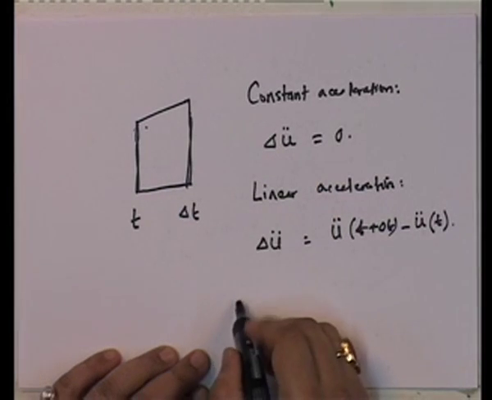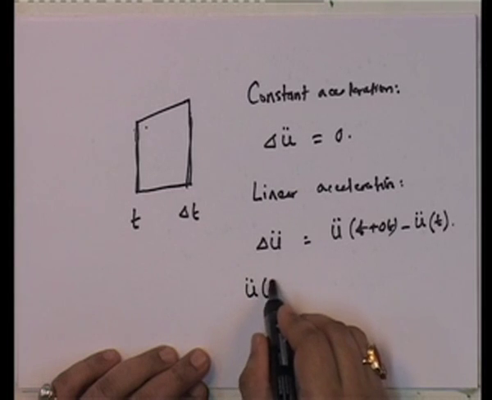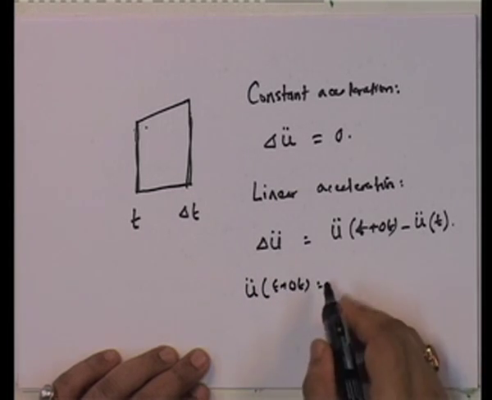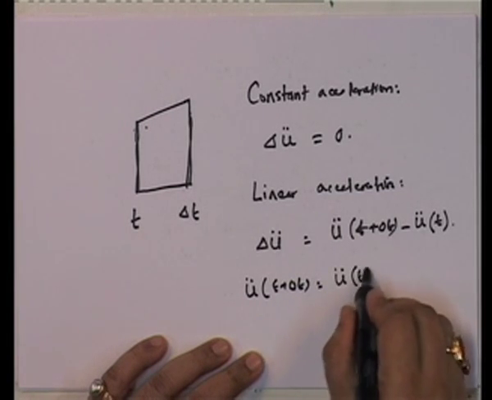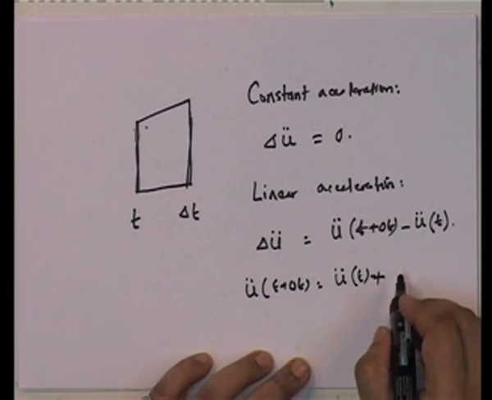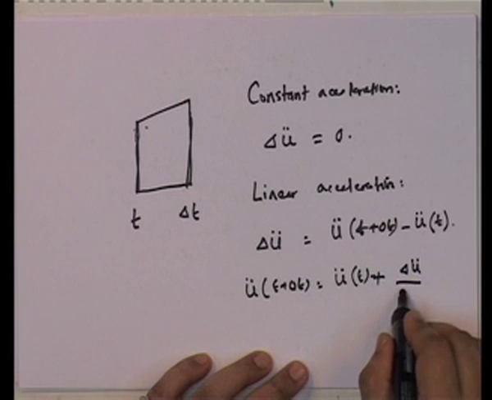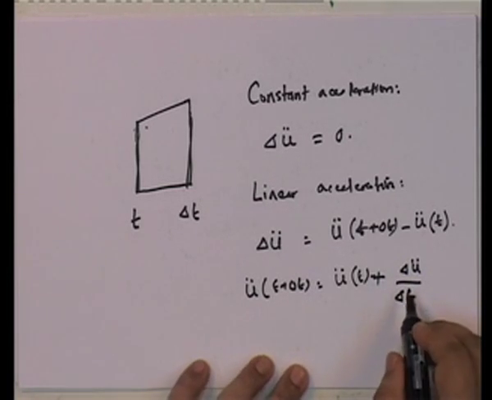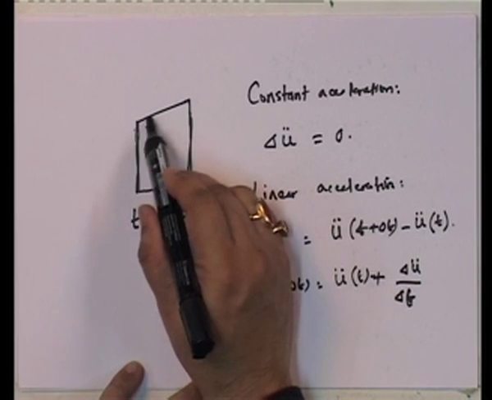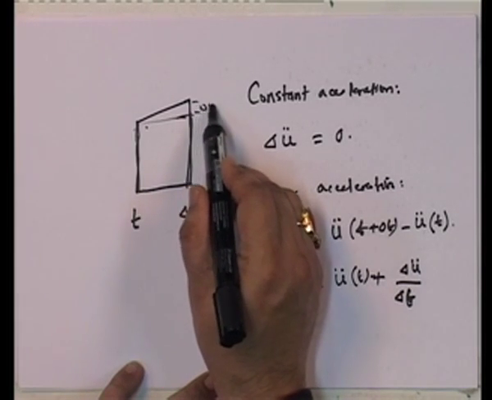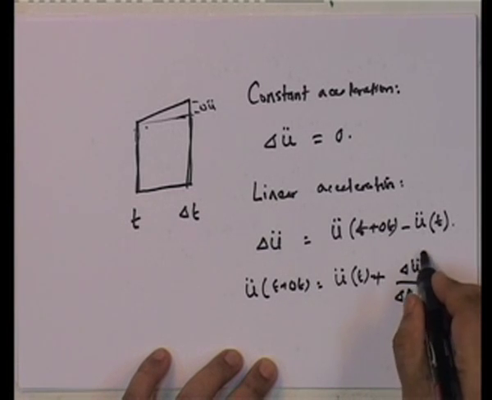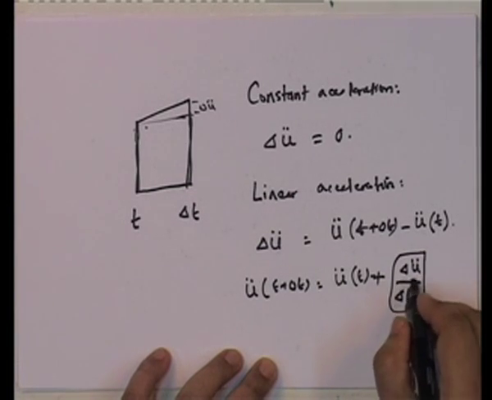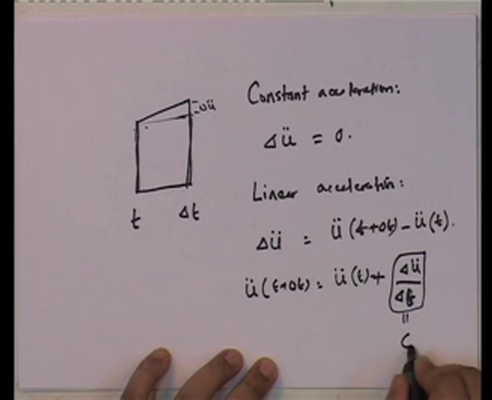In other words, u double dot of t plus tau is equal to u double dot of t plus delta u double dot upon delta t times tau. Okay. That is the slope. Note that this is your delta u double dot. So, that is the slope, and this slope is a constant.